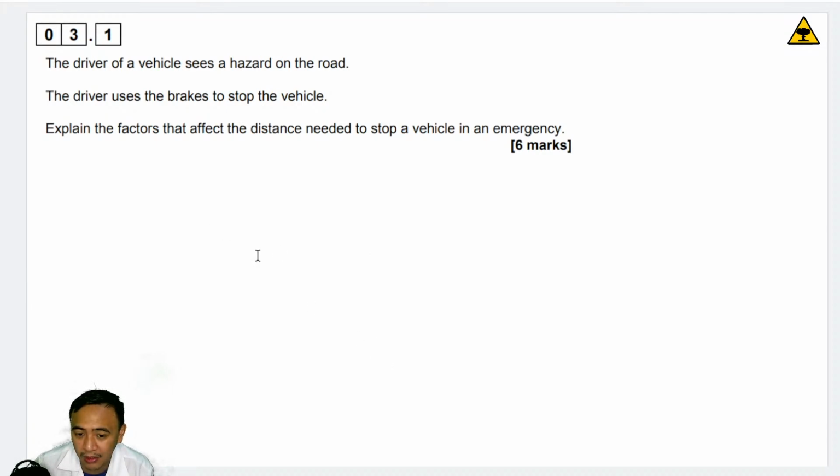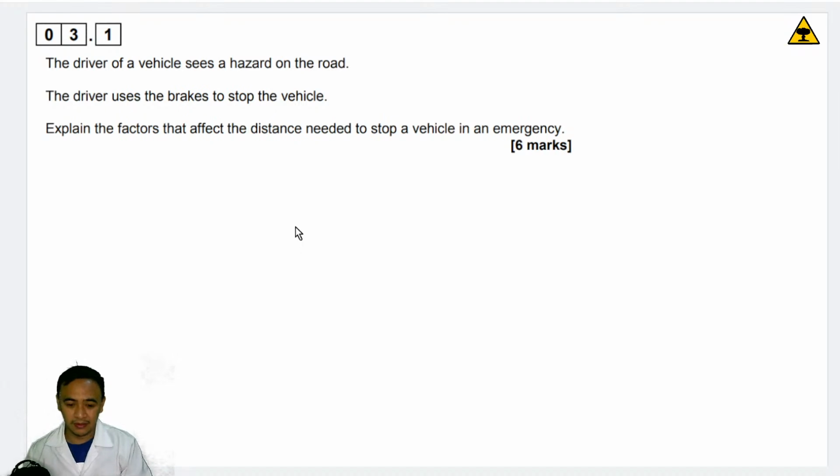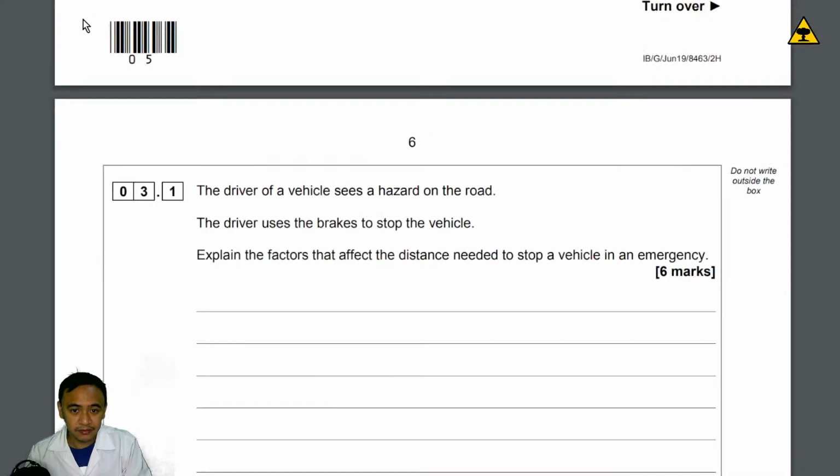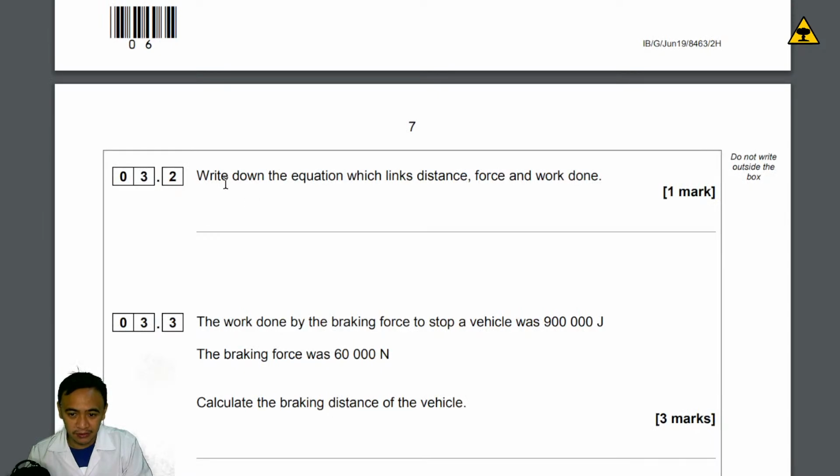Also, you mentioned a long time ago that the mass and weight of the vehicle can also affect this, right? Okay. Let's go to the next question. Write down the equation which links distance, force, and work done.